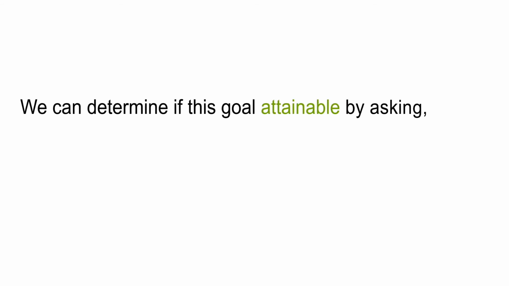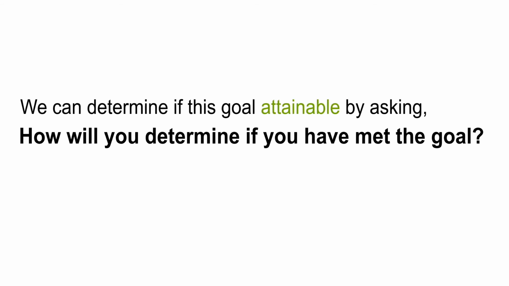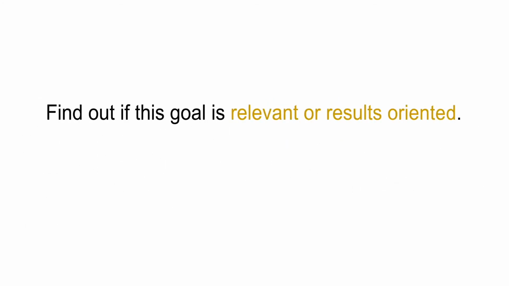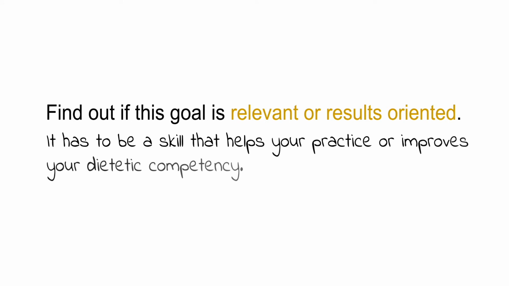We can determine if this goal is attainable by asking, how will you determine if you have met the goal? If acquiring these skills means you have to attend a conference and you don't have the budget for it, this goal is not attainable. And finally, we need to find out if this goal is relevant or results-oriented. For the goal to be relevant, it has to be a skill that helps your practice or improves your dietetic competency.